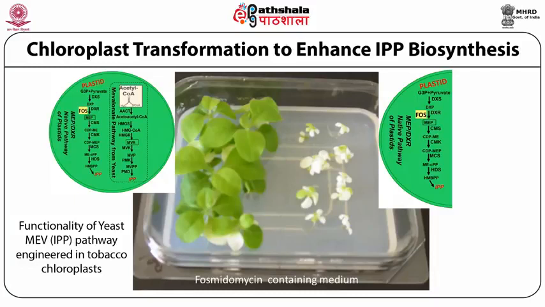So the plants on the left side are healthy. This way we have shown the functionality of the whole pathway in the chloroplast. So instead of two pathways, these transgenics now have three pathways producing IPP, which can be further utilized for some useful application.